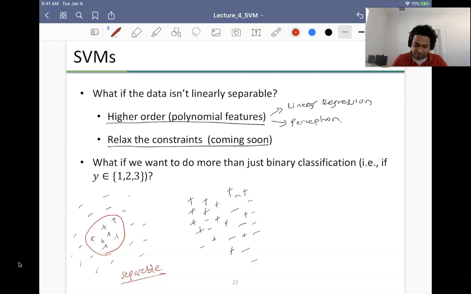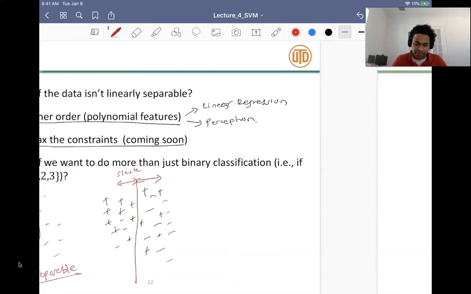So maybe what I need to do is fit a line something like this, and account for a certain slack, so that I'm fine if I make an error within a certain amount of slack on both sides. We'll look at relaxing the constraints and slack variables in further lectures on SVM.